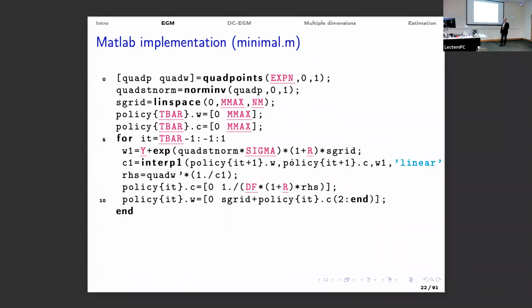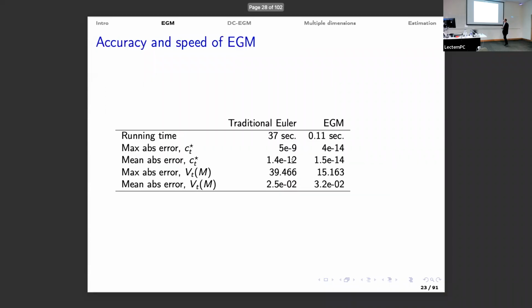Now, is this complicated? No. This is the minimal implementation in MATLAB. It does rely on a few functions, but this is 11 lines to completely solve a full-blown stochastic consumption savings model. And this is in the repository. This is really quite simple.